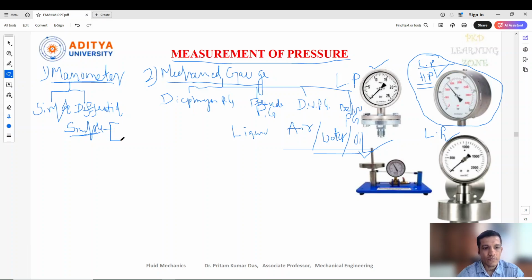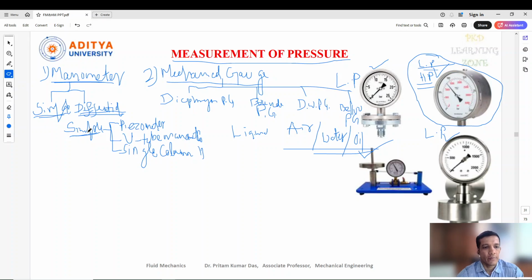The first one is the piezometer, the second one is the U-tube manometer, and the third one is the single column manometer. So these are the three types of simple manometers. The differential manometer also has different types, which we'll discuss later.